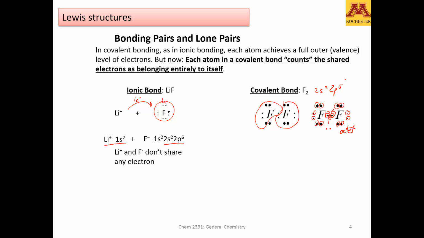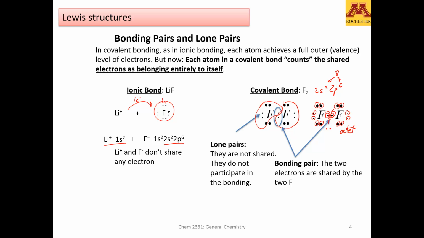That means they will have 2s2, 2p6, that is 2 plus 6, 8 electrons, a noble gas configuration. Some nomenclature: we will call the bonding pair the pair of electrons that are actually shared between the atoms, and we will call the lone pairs the electrons that do not participate in the bonding.